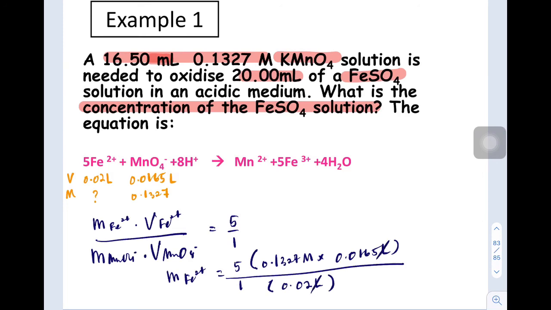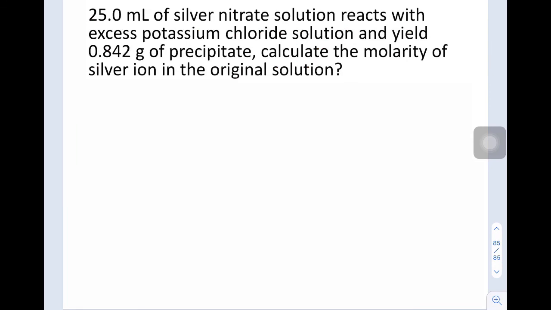We can cancel liter with liter. When we press the calculator, we'll get the answer 0.547 molar. With this question, I end this chapter 2.